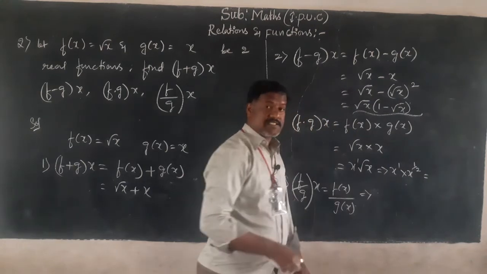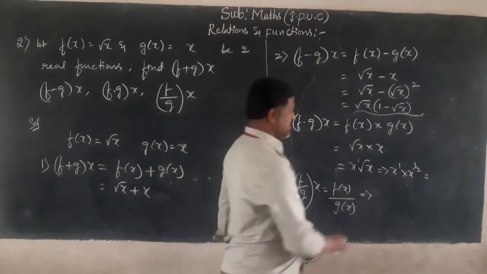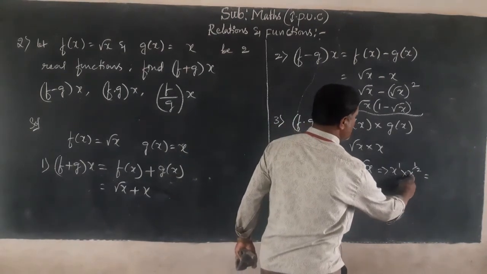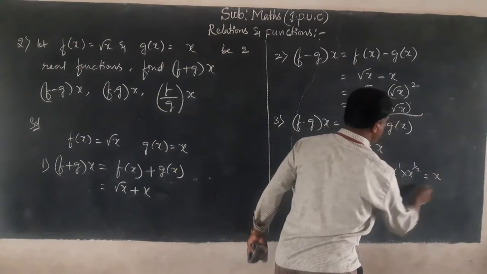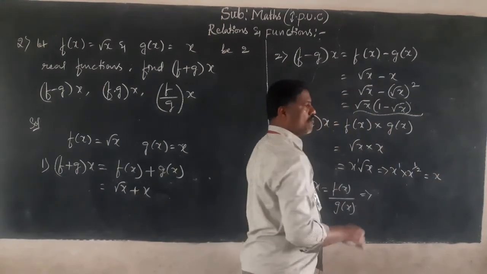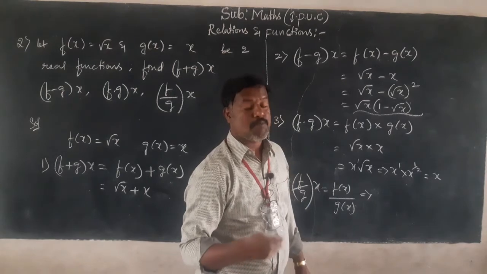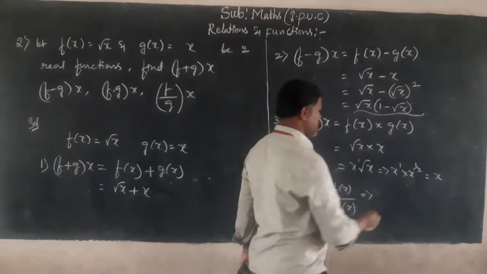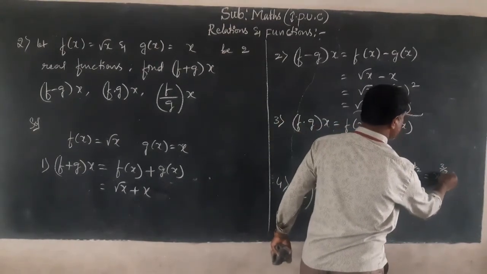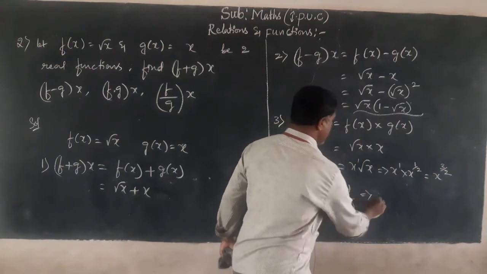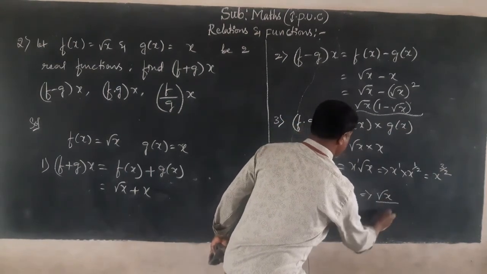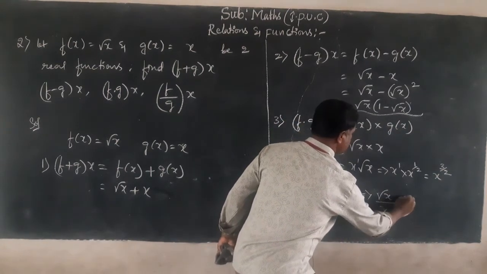Now bases are the same, powers should be added, that is x power 1 plus 1 half, that is 1.5, that is 3 by 2.